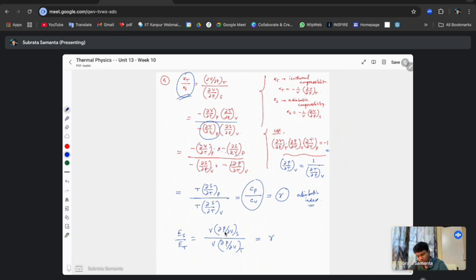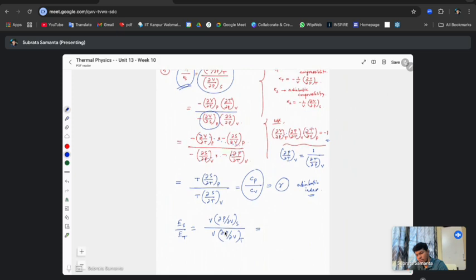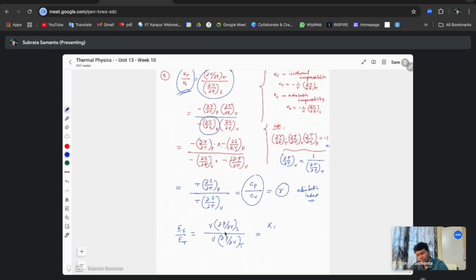From these definitions, this is basically KT over KS, which is gamma. We just derived that KT over KS equals gamma.